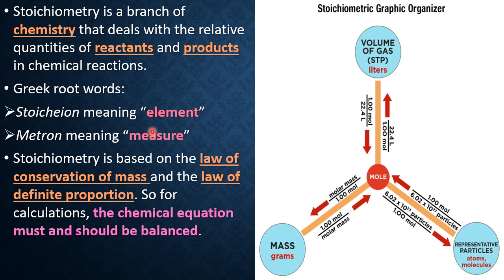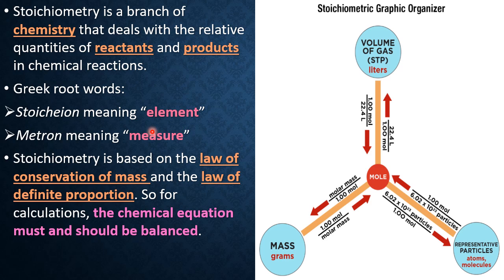So how much mass of products are formed, or how many moles, or in terms of volume if it is a gas. All these quantitative relationships between the reactants and the products, how much we have taken, how much is formed, come under the chapter stoichiometric relations or stoichiometric calculations.